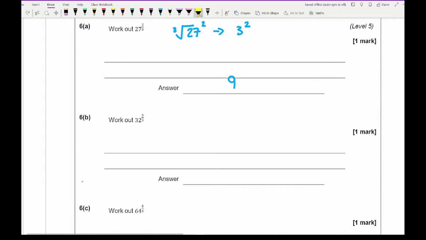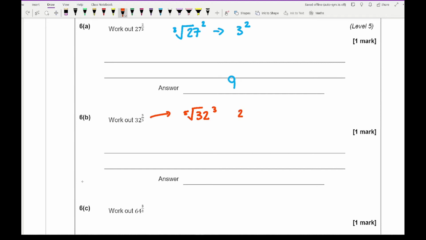Now when it comes to question 6b, again, it's recognizing what this actually means. So here we've got 32 to the power of 3 over 5. If we just translate what that means, it's 32 cubed, to the 5th root. When it comes to quite a large root, the number tends to be a power of 2. So here we just need to see how many 2s multiply to give 32 when we reverse the root.